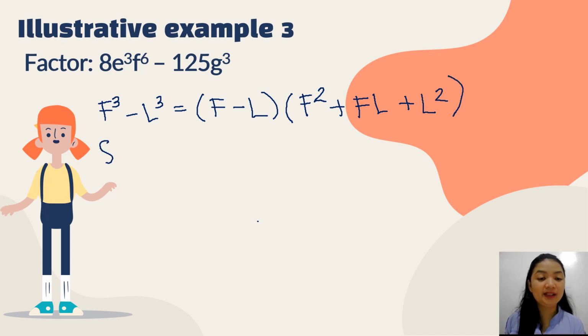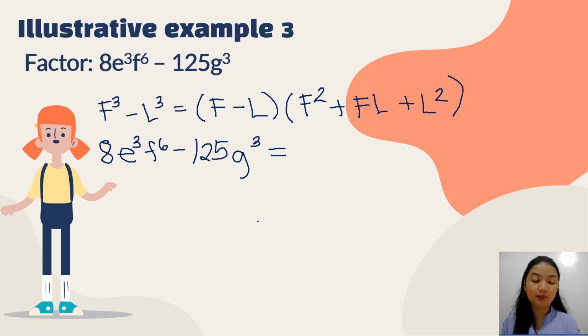Now, we have the given 8e cubed f to the 6th minus 125g cubed. So what is the cube root of the first term, which is 8? So cube root of 8 is equal to 2. Cube root of e cubed, yes, that is e. How about f to the 6th?